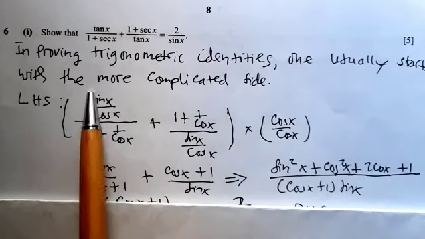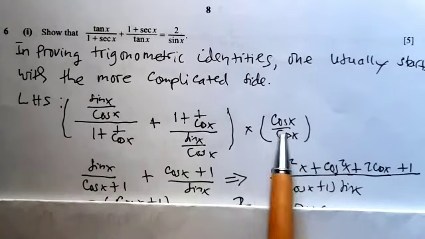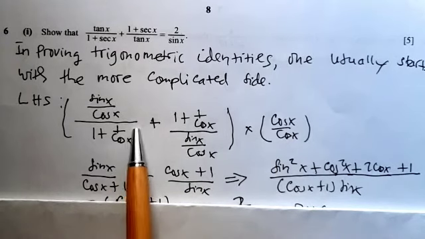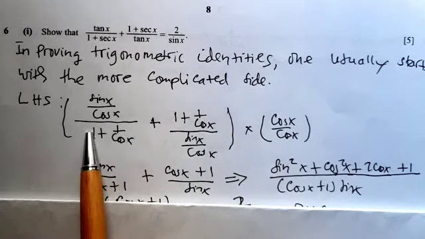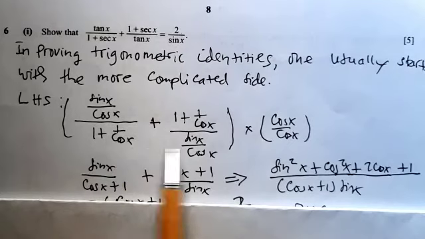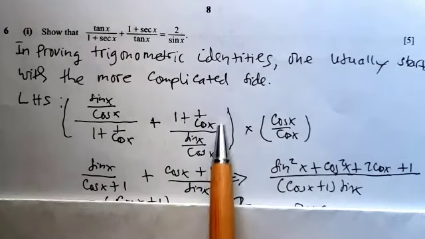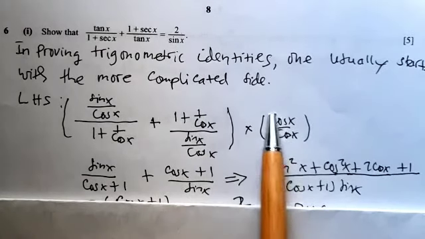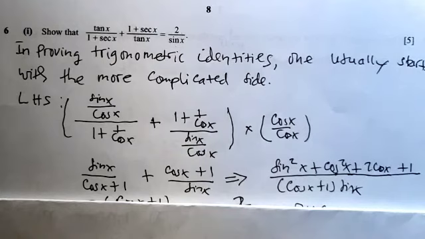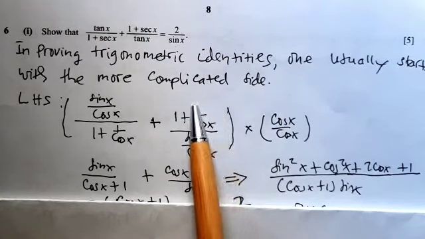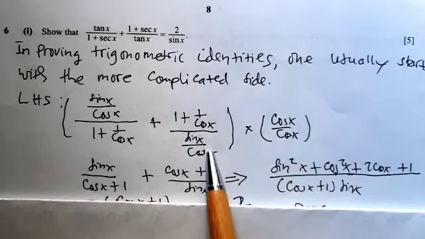Now sin x/cos x multiplied by cos x is sin x, and for the denominator 1 plus 1/cos x times cos x gives cos x plus 1. For the second term, 1 plus 1/cos x times cos x gives cos x plus 1, and sin x/cos x times cos x cancels to sin x.